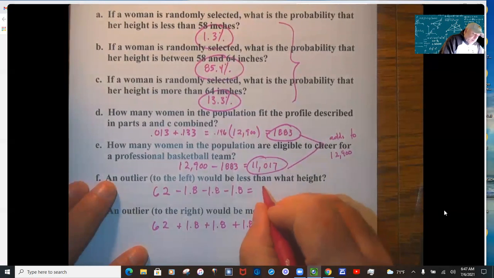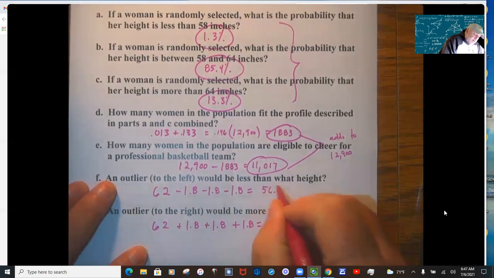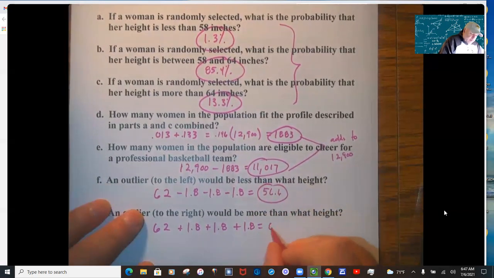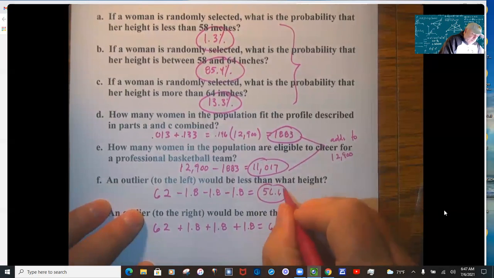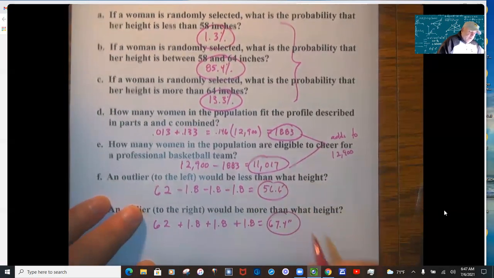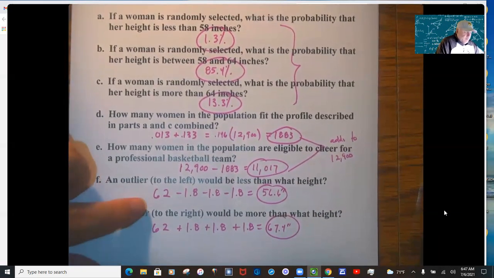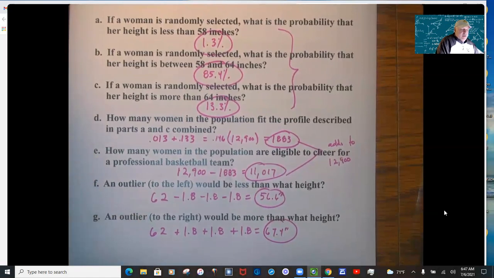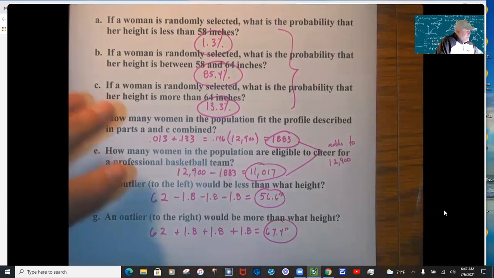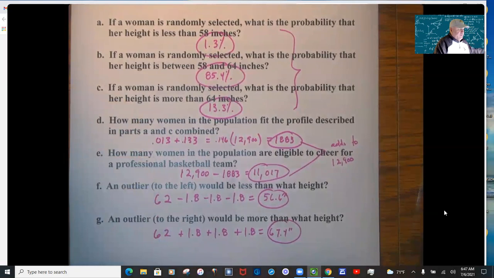This is 56.6, and this is 67.4 inches. It gives you a really good idea what's a really tall woman in this sample, what's a really short woman, and it gives you a good idea of percentages of data.